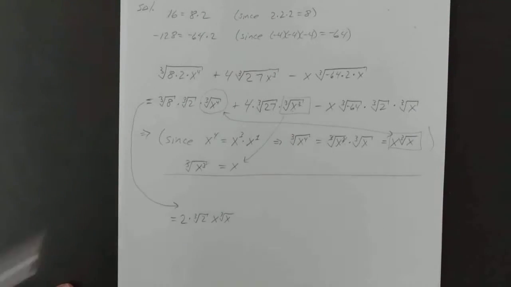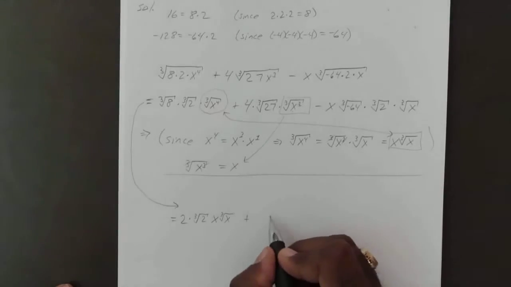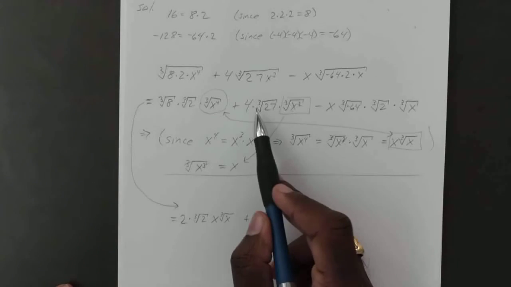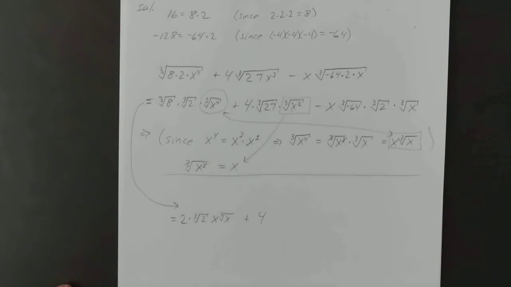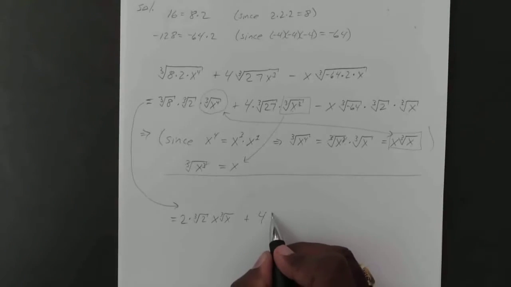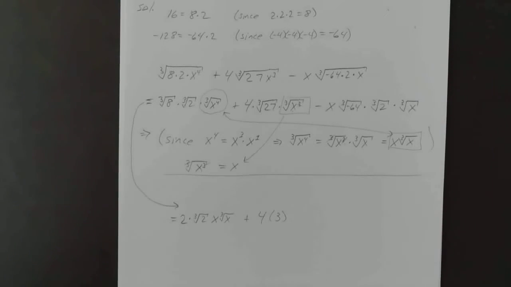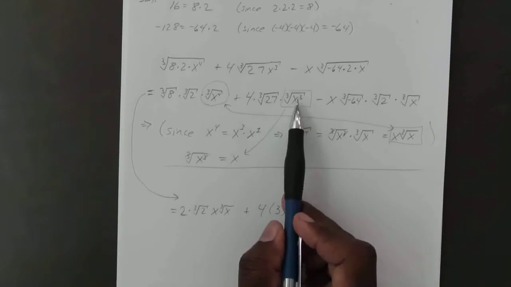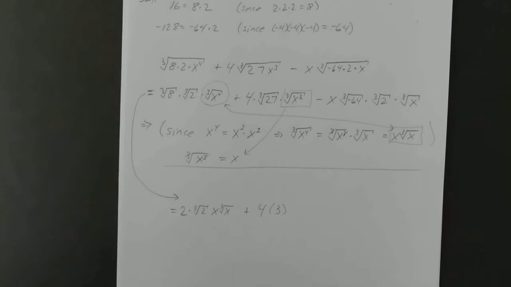Okay, so now we're going to work on the second term. Plus 4 times cube root of 27. We know that 3 times 3 times 3 is 27, so that just becomes 3. And we know the index and the exponent both cancel each other out. So when they cancel each other out, we're just left with x.